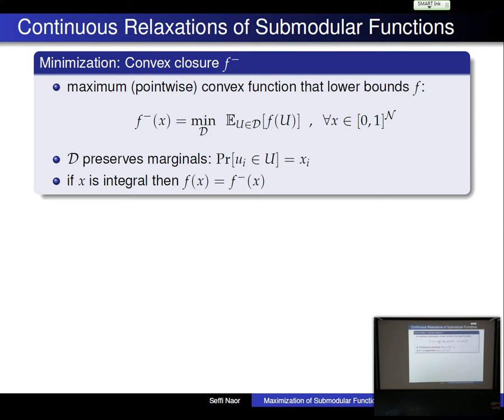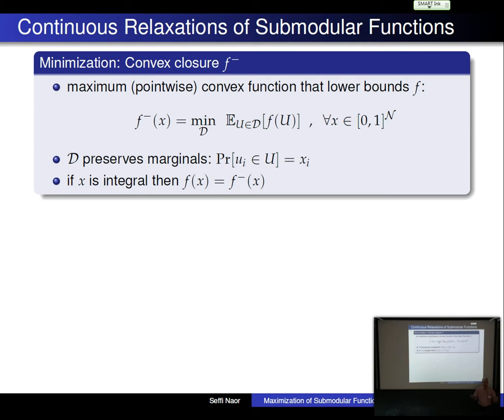So the natural notion is the convex closure for a minimization problem, and the concave closure for a maximization problem. Now, these closures are defined by a distribution which preserves the marginals.